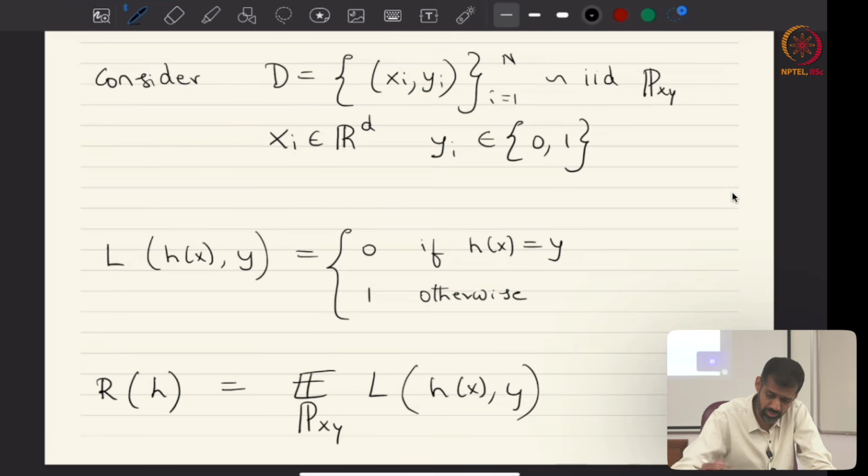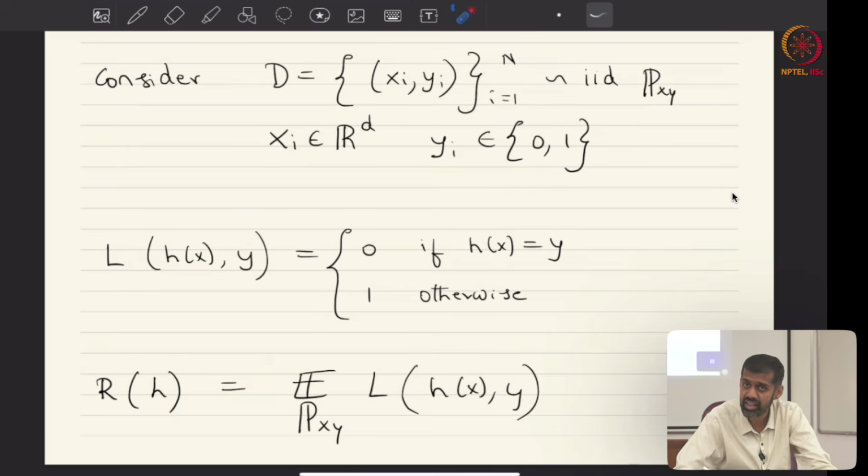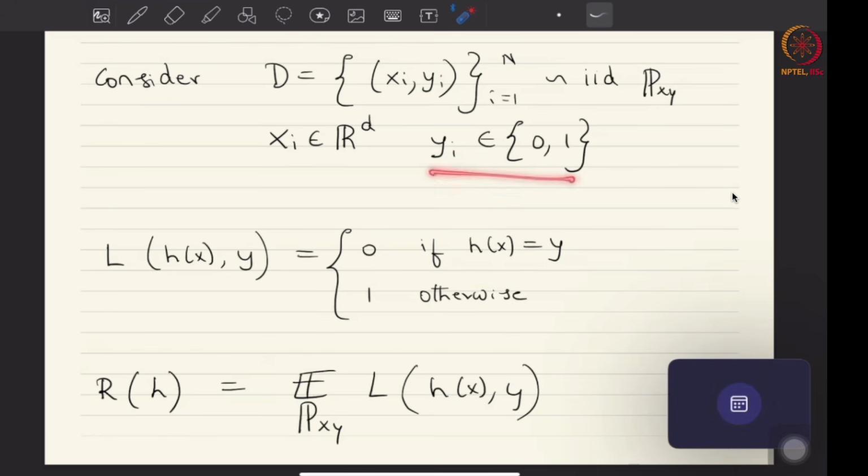If you observe it, this entire risk is a function of h. That's why I have written it as a function of h. You change the hypothesis, the risk changes, isn't it? So I can find the minimizer for this particular risk on the space of h. So what hypothesis minimizes this, at least under these conditions where y is binary and loss is 0, 1? Let's look at that. We will stop here and continue in the next lecture.